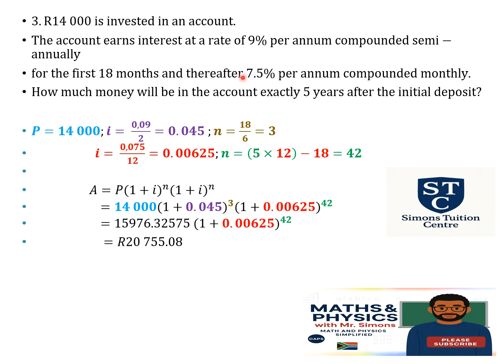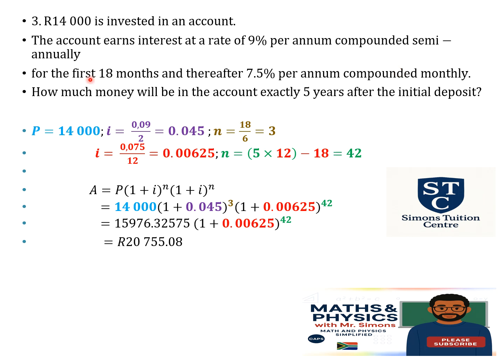Right, thereafter 7.5% per annum compounded monthly. So 7.5 divided by 100 gives me 0.075, compounded monthly divided by 12, which gives me 0.00625. For n, now take note, compounded monthly.